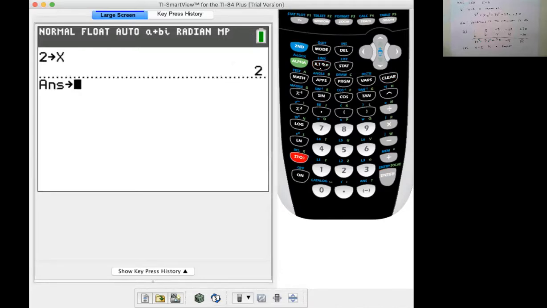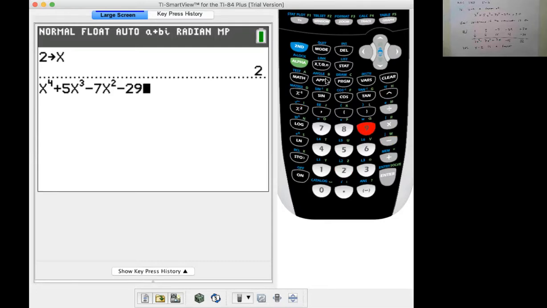So if I type in x to the 4th power plus 5x to the 3rd power minus 7x squared minus 29x plus 30.